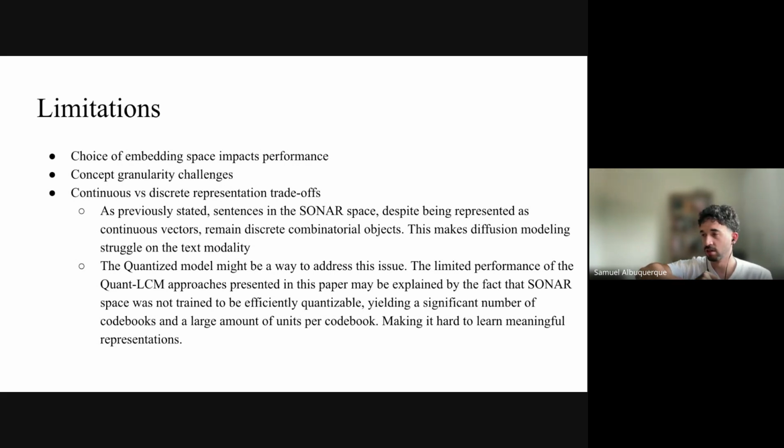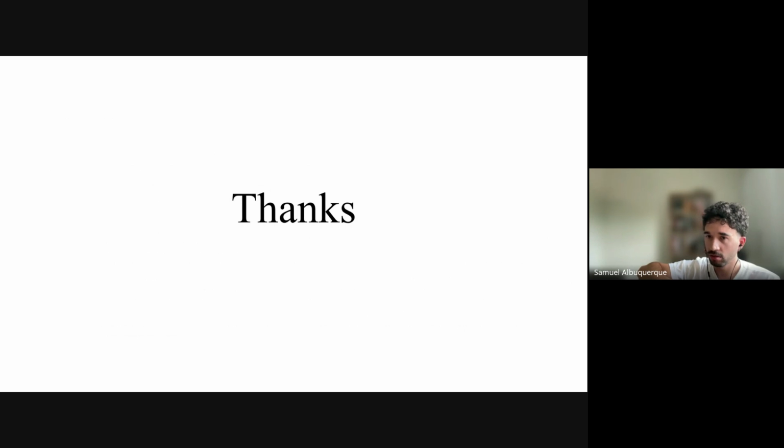They said in the paper that this was just a POC, so they're probably releasing other versions of this. I think it's an interesting way to approach the problem. And that's it for the presentation.